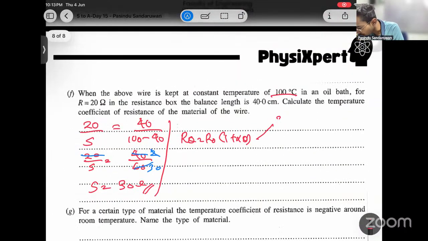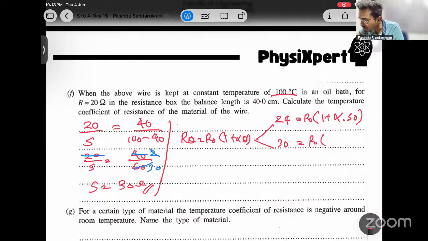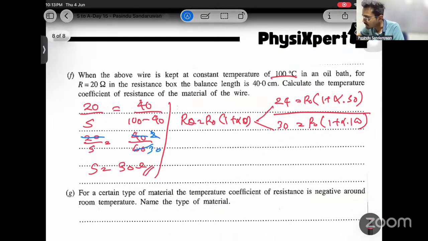Then R theta is 24 at 30, equals R naught times 1 plus alpha times the present temperature 30. And the second scenario is here: 30 ohms, R naught times 1 plus alpha, temperature is 100. Divide these two. Then we need alpha. A small simplification to find alpha. 24 over 30, dividing by 6, gives 4 over 5.